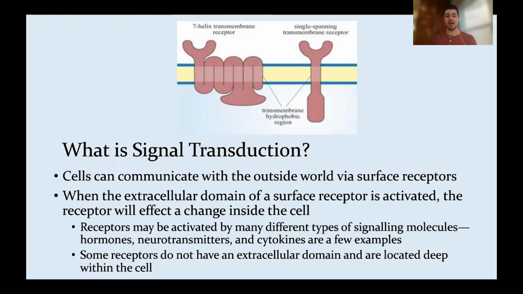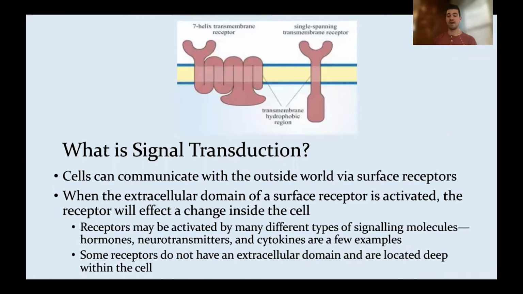Receptors may be activated by many different types of signaling molecules, also known as ligands, L-I-G-A-N-D, same thing. They can be hormones, neurotransmitters, or cytokines. It really depends on what the pathway is and what the target is.